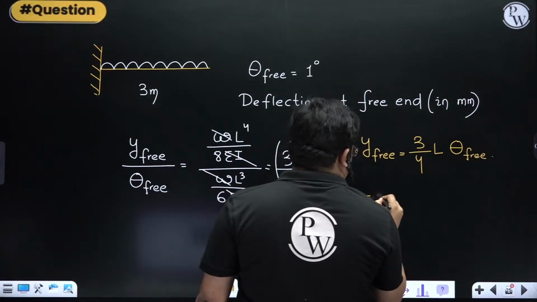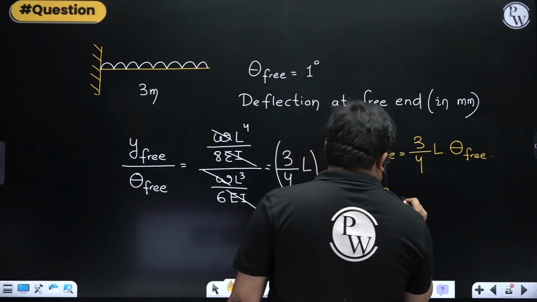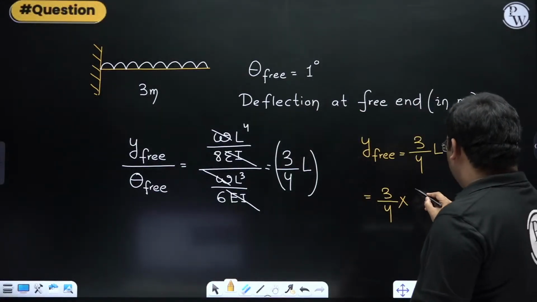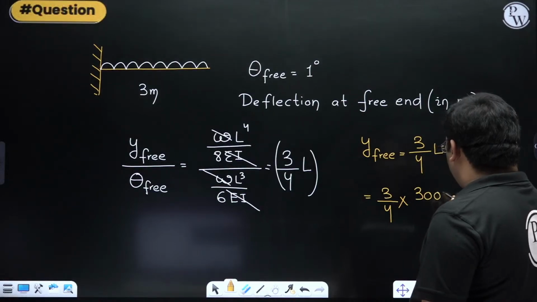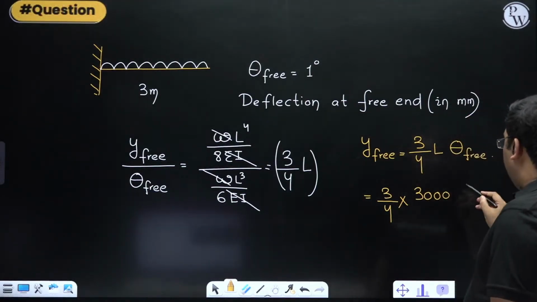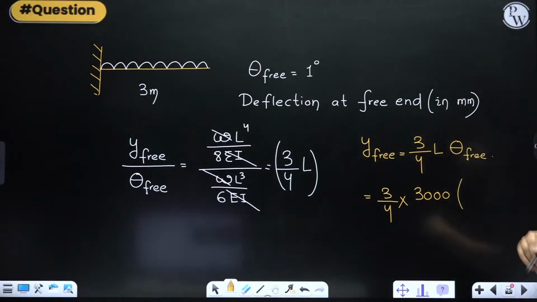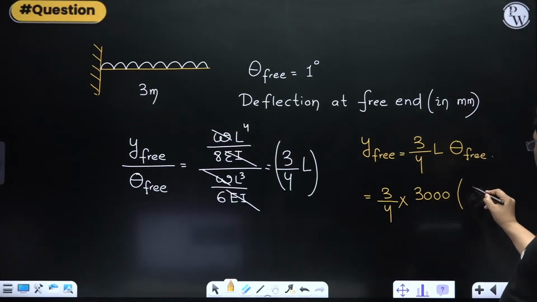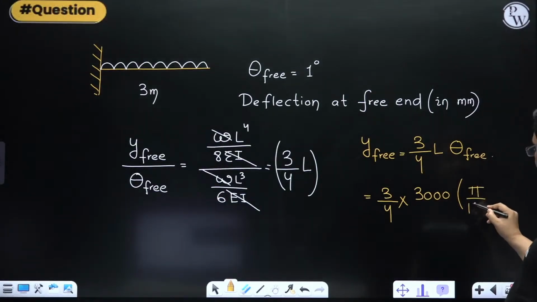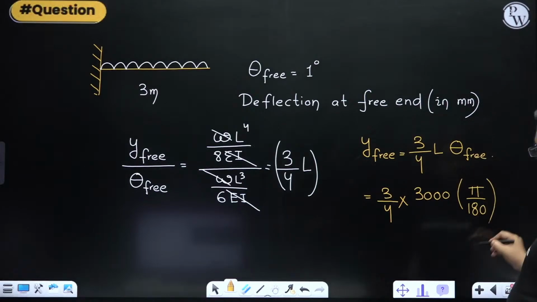The length is given as 3 meter, so I'll use 3000 mm because I want the answer in mm. And as I told, always express theta in radian, which will be pi by 180 radian. So find out this answer.